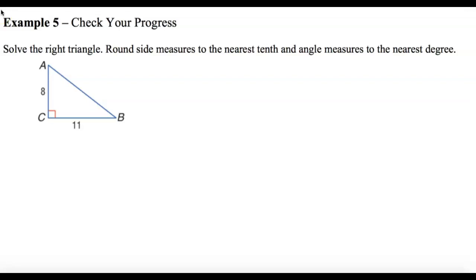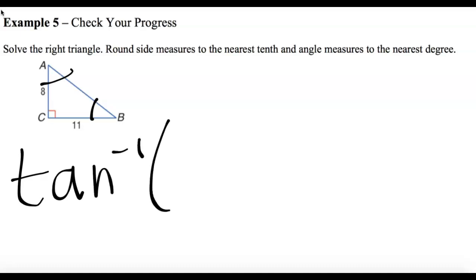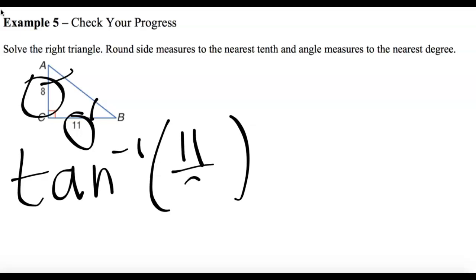Okay, so in this case, again, we want to figure out the measure of angle B and the measure of angle A. We're going to start with the measure of angle A. So we're going to use tangent inverse, and opposite would be our 11. Adjacent is going to be our 8.